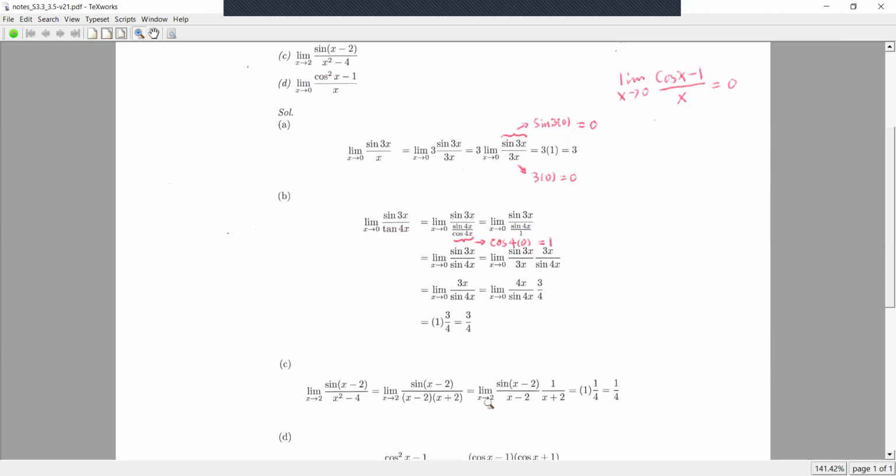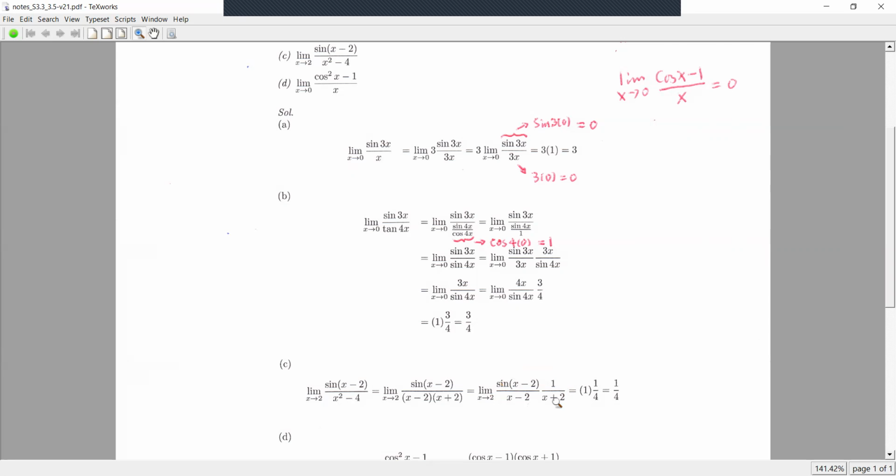As x approaches 2, x minus 2 approaches 0, and sine of x minus 2 approaches 0. But they approach 0 at the same speed, so this quotient, this fraction, approaches 1.